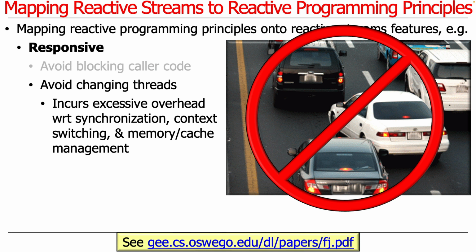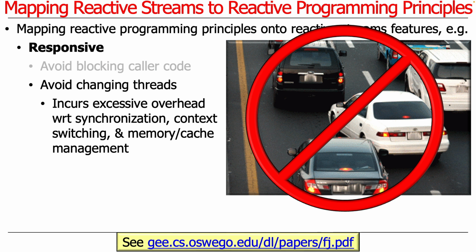Something else you might want to do, or not, again with trade-offs each way, is avoid changing threads. Often, not always, you want to avoid a situation where each operator that works on an event runs in a different thread in a pipeline. The reason that's problematic is that moving events or data between threads can incur lots of extra overhead.